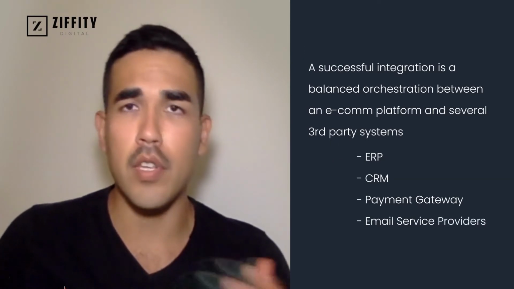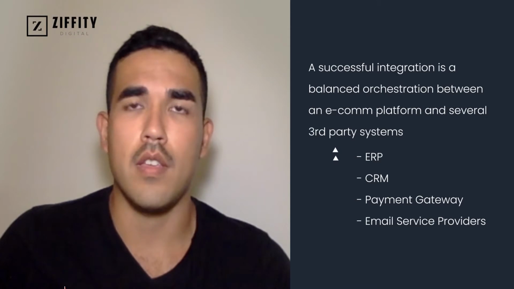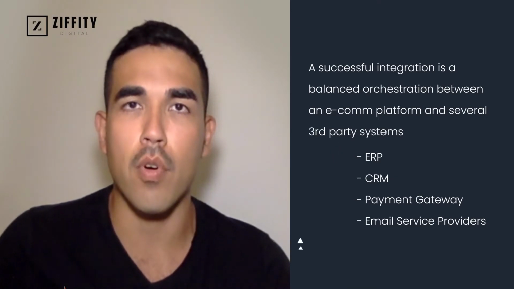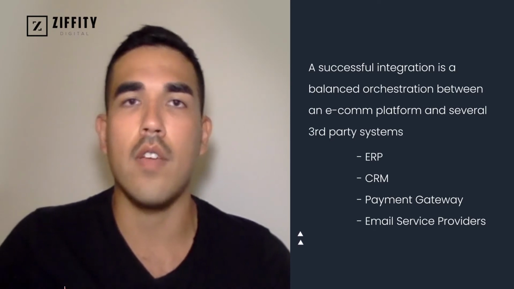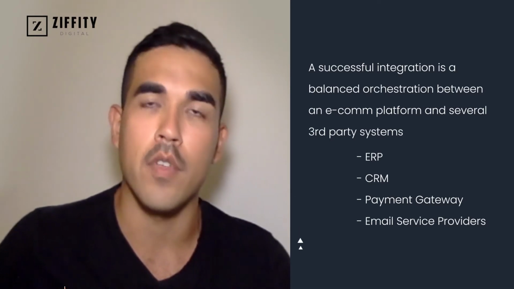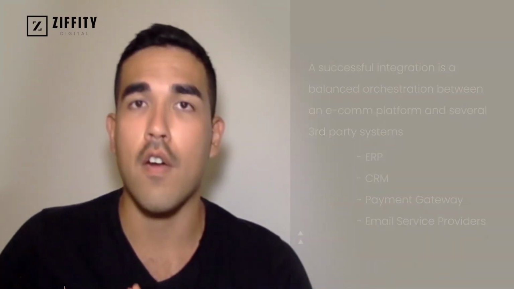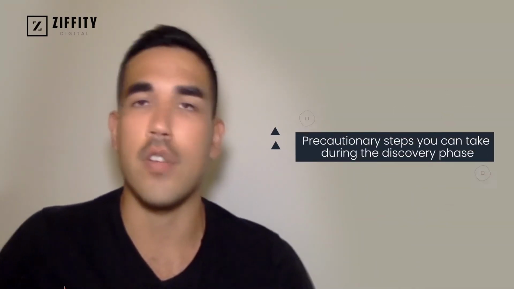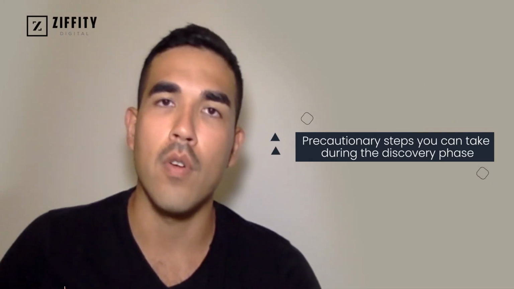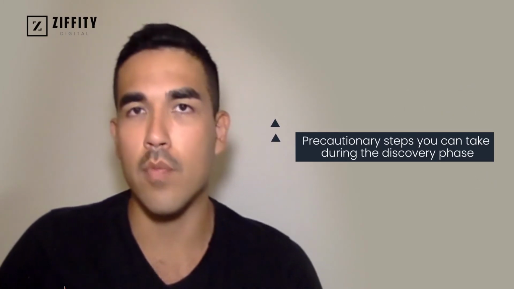And even though communication between these systems is usually implemented through standard protocols, this is still one of the highest risk areas when it comes to implementing a new e-com website. So to that end, here are some specific precautionary steps you can take to make sure that you don't run into a wall when integrating your platform with third-party systems.